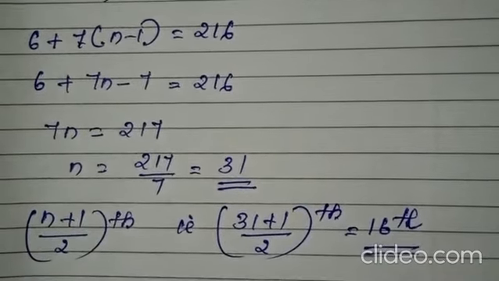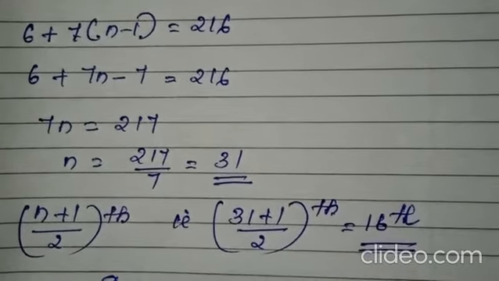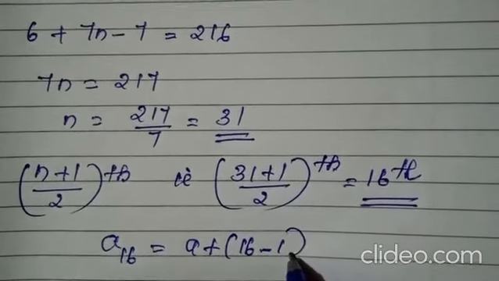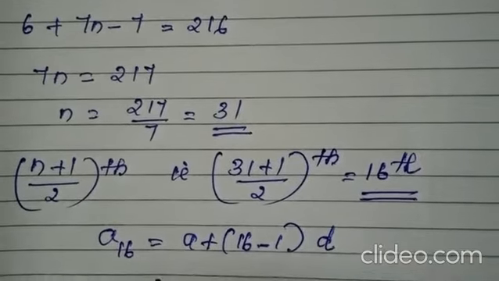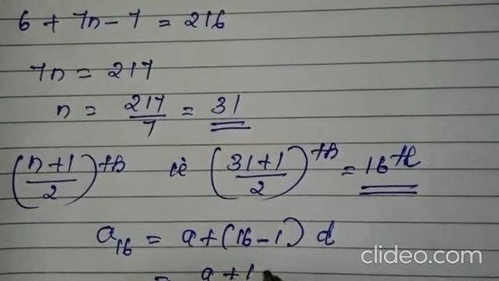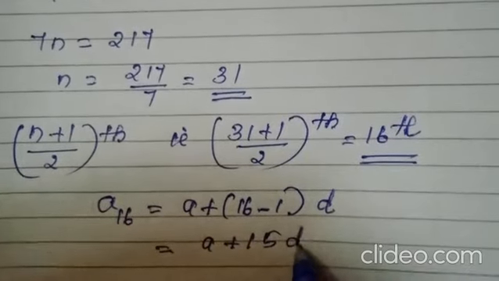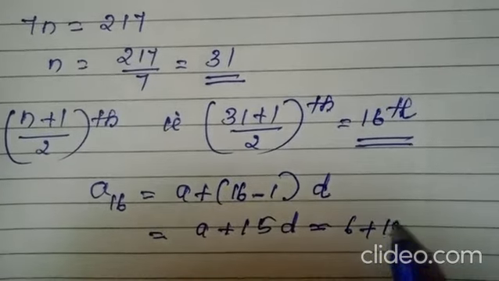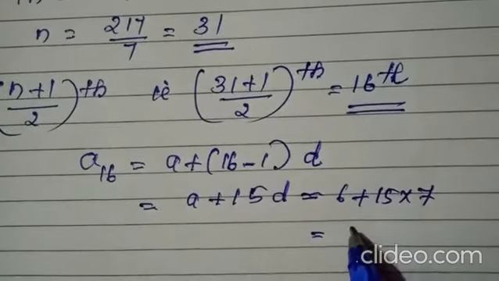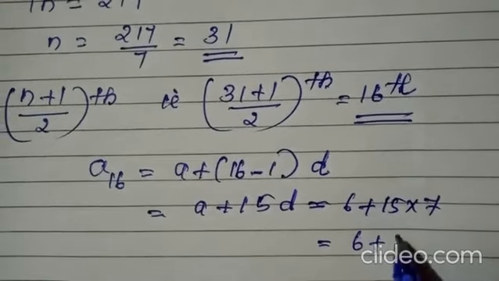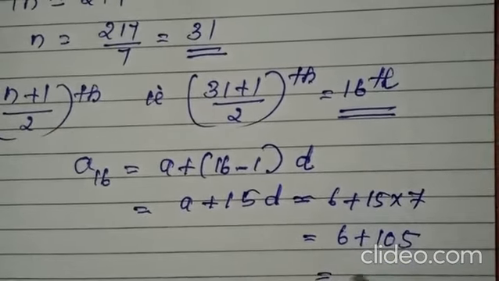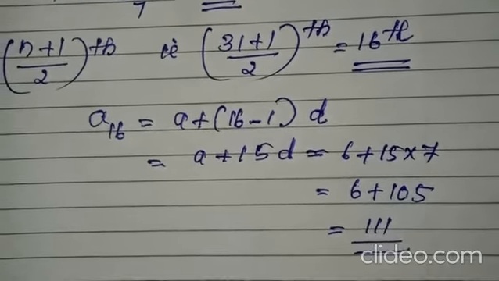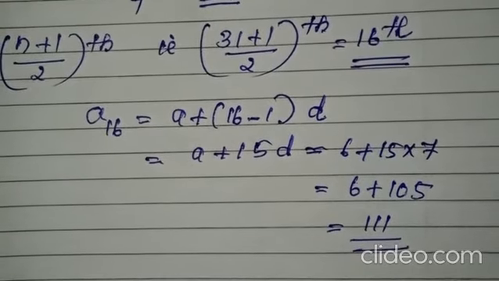So, then we should find A16 is equal to A plus 16 minus 1 into D. So, A plus 15 D is equal to 6 plus 15 into 7. 15 into 7, 105. So 6 plus 105 is equal to 111. This is the 16th term. Understood? This question always come for board exam.